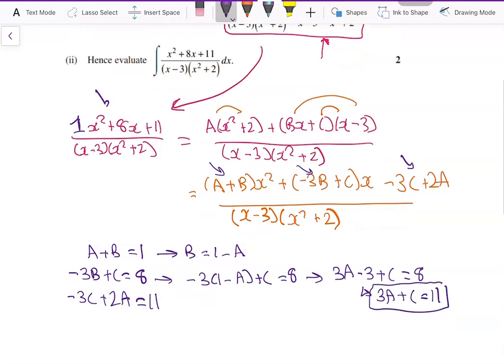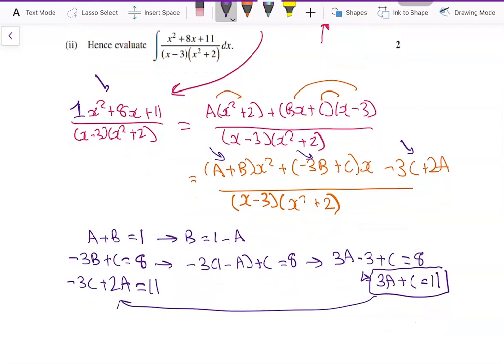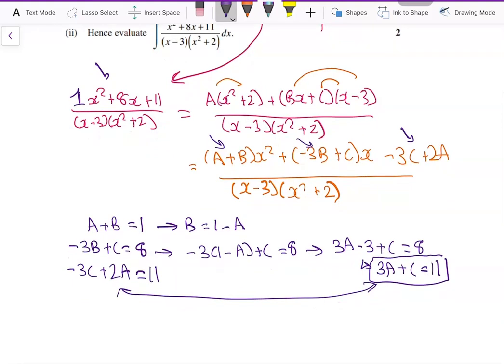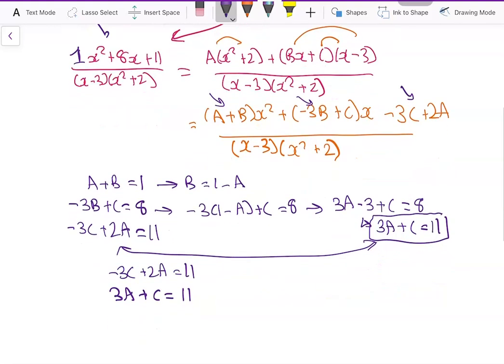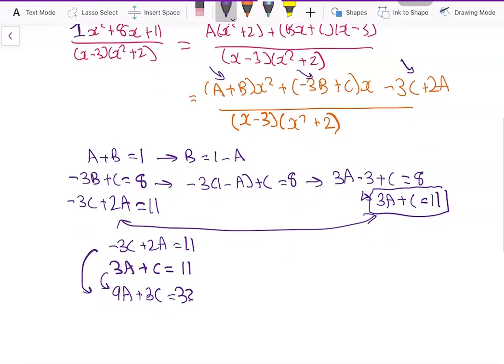Okay, now by combining these two facts, minus 3c plus 2a equals 11 and 3a plus c equals 11, we can multiply this equation by 3 to cancel out the c, and now add these two equations to get 11a equals 33 plus 11 equals 44, so a is equal to 4.